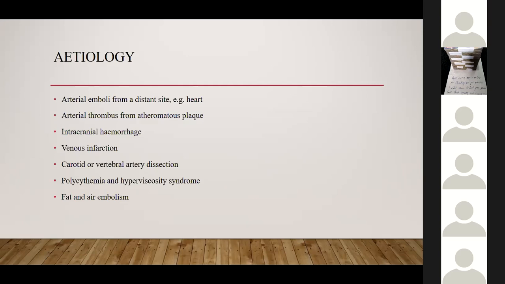You could also have a vein becoming blocked, and this will lead to poor perfusion of some aspect of the brain. You are going to have what we call a venous infarction. Then you can also have what we call a carotid or vertebral artery dissection. Okay, if you remember aortic dissection, you can have a blood vessel, and then the inner aspect of the blood vessel, what we call the intima, can actually rupture, but the outer aspect of the blood vessel looks fine.